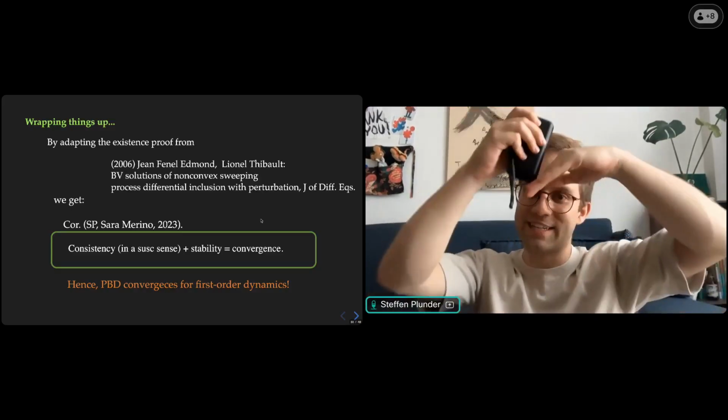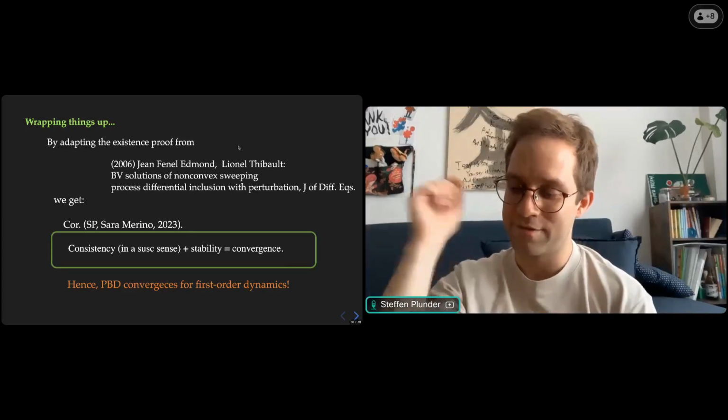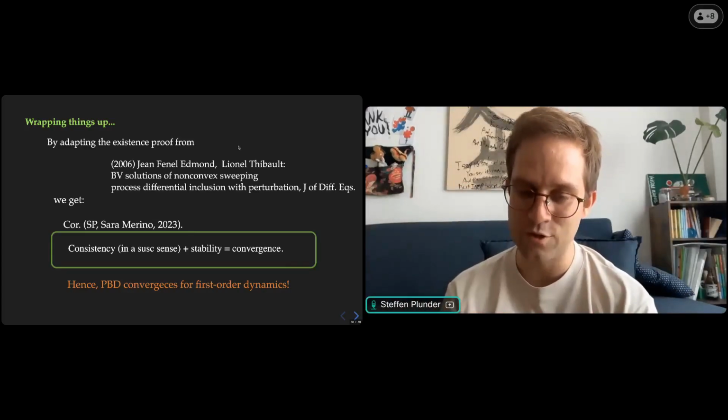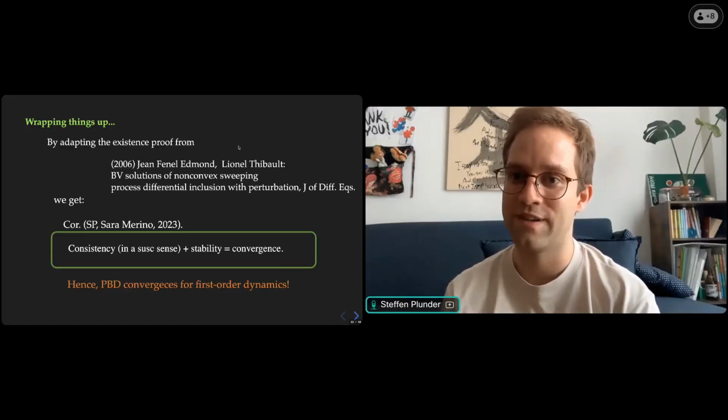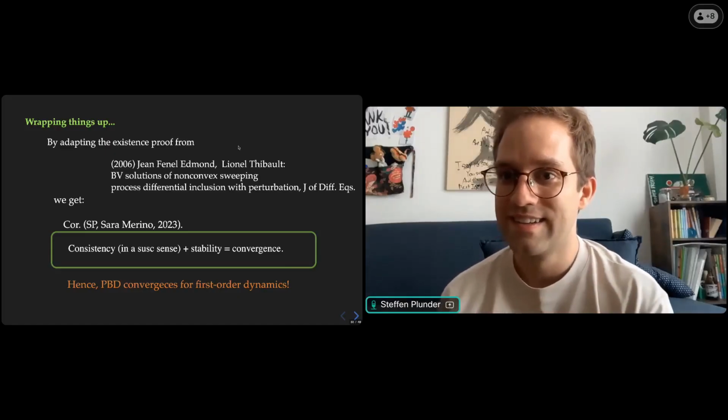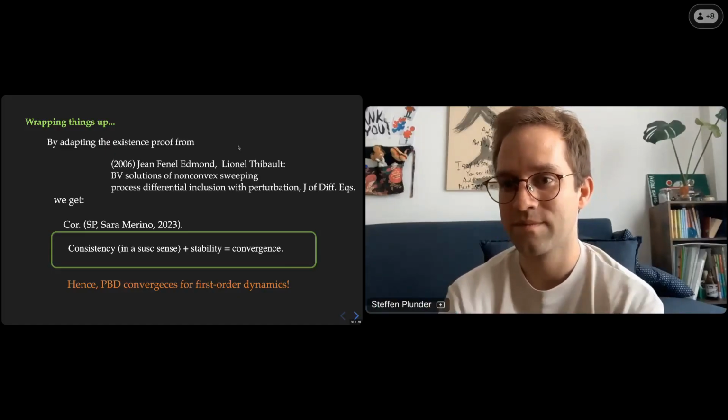In reality, the real differential inclusion system is actually not well posed in that case without tricks. So very complicated.